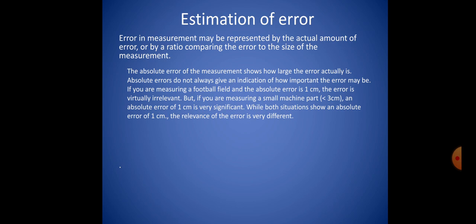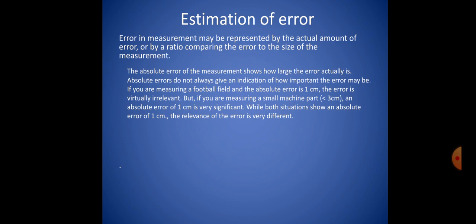Okay, so these are the two possibilities in which we can express the error. Now in that, first is the absolute error. Now what is the absolute error?